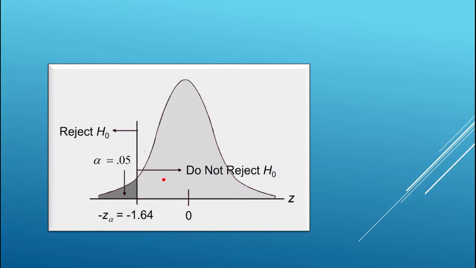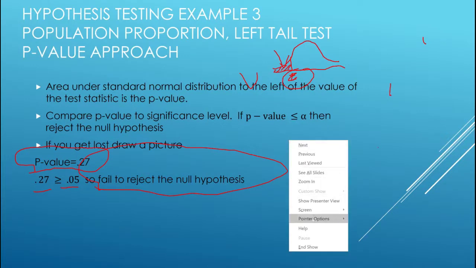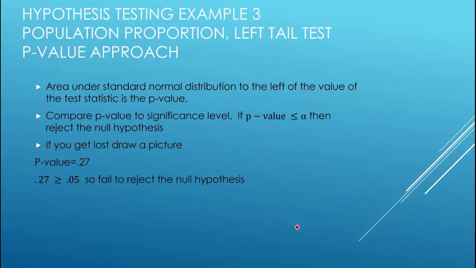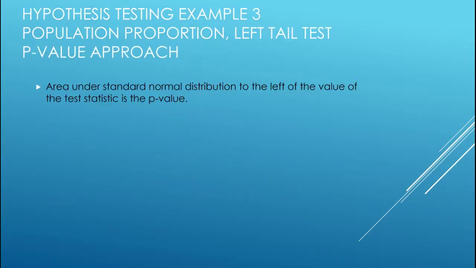And here's a picture. So the value of our test statistic, an area to the left, which was equal to 0.27. The value of that test statistic, which I forgot to mention going back here, was minus 0.625.